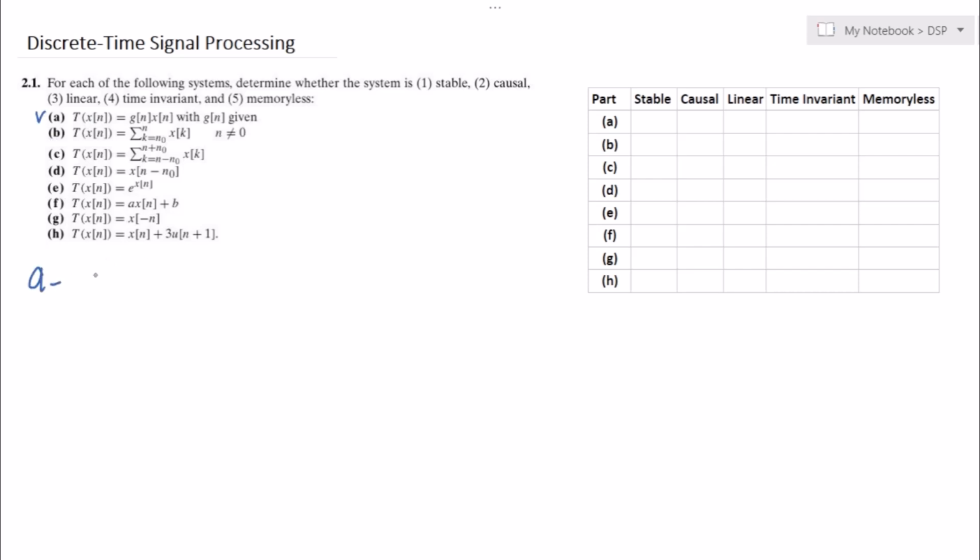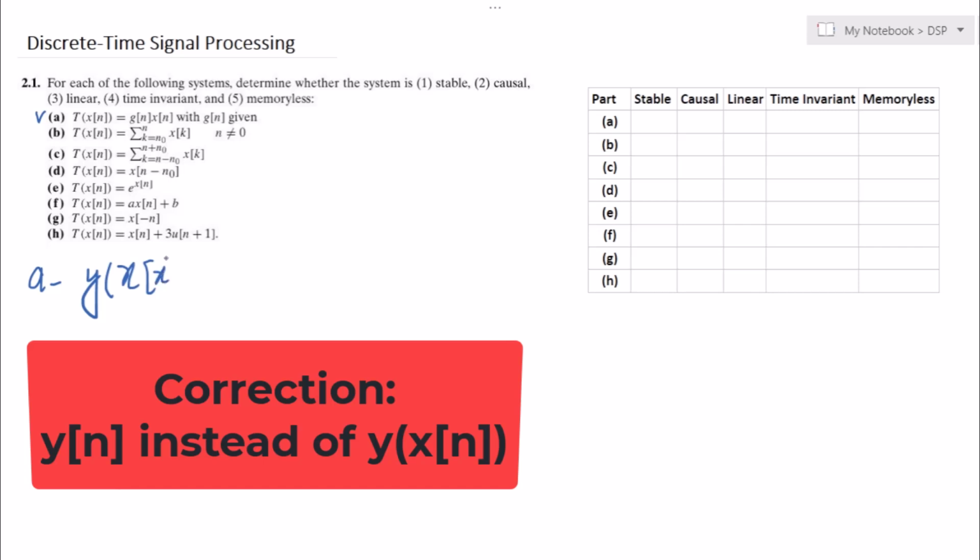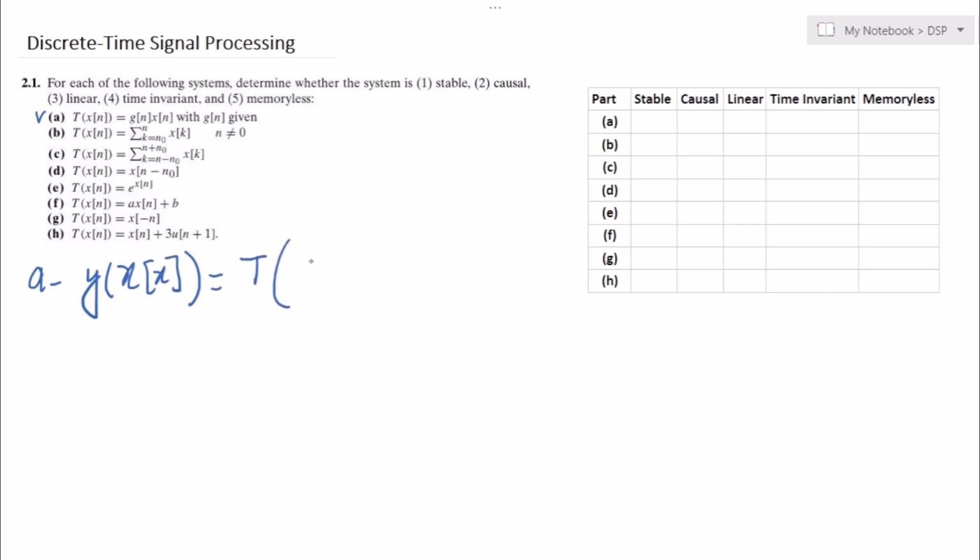So in part A, the system given here is y of n is equal to T of x of n. Okay, sorry, this is n. So what is this? This is basically the input here, which is x of n.